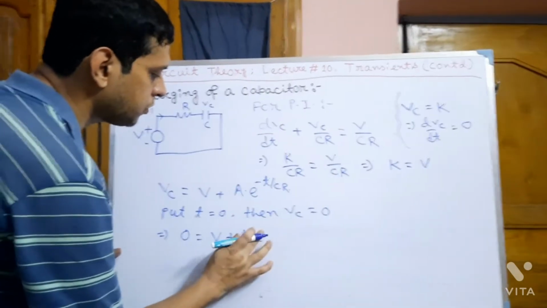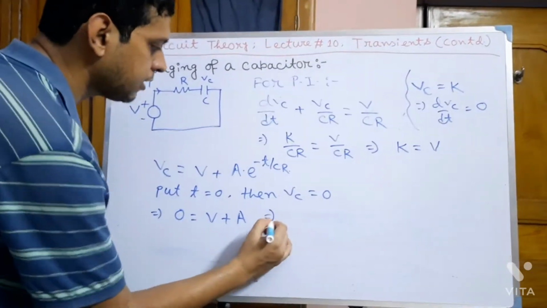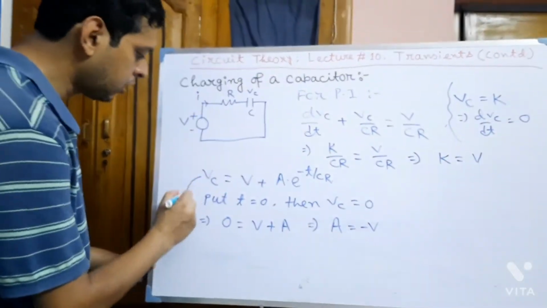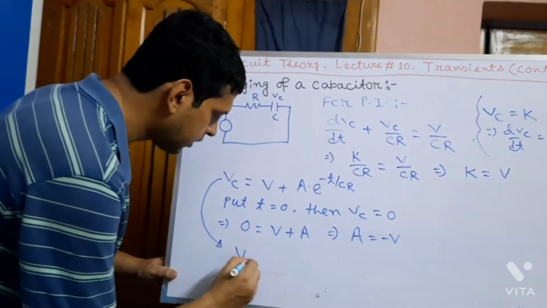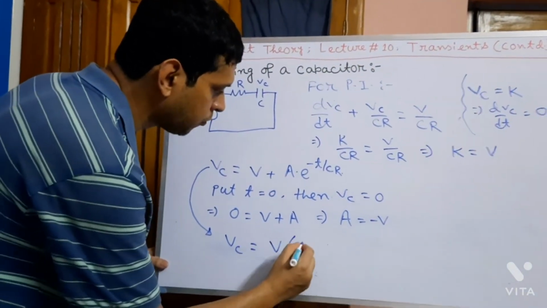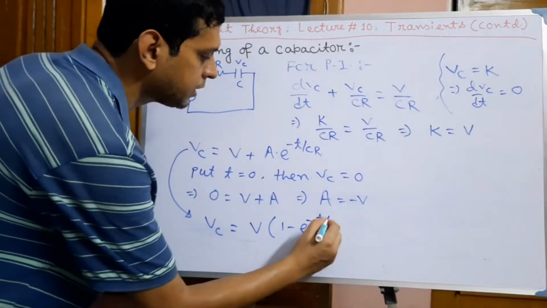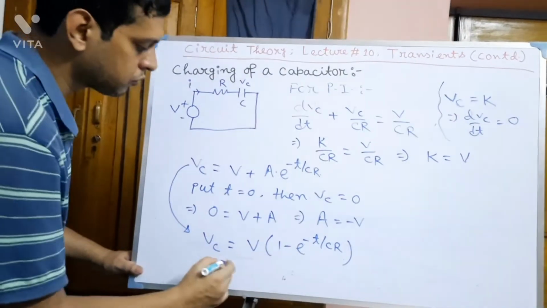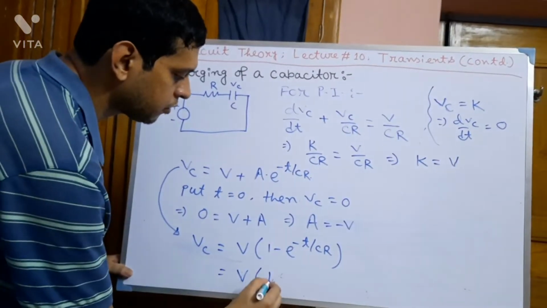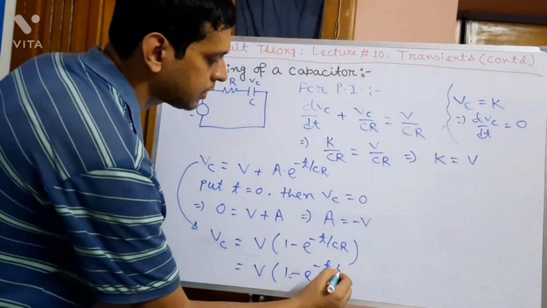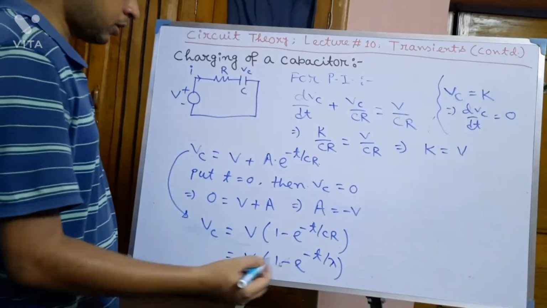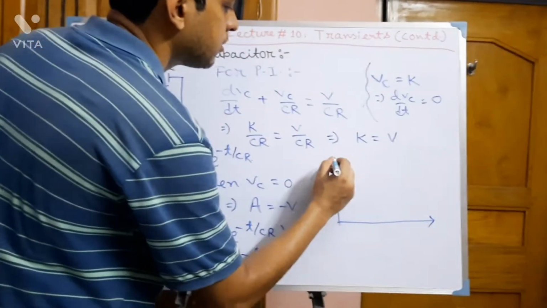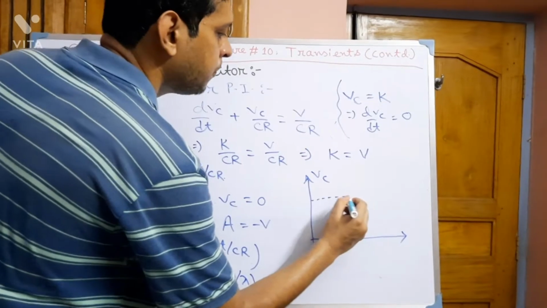E to the power 0 means 1, so A equals minus V. With A equal to minus V, we get Vc equals V times (1 minus e to the power minus t by CR). As CR is the time constant, we can call it lambda.